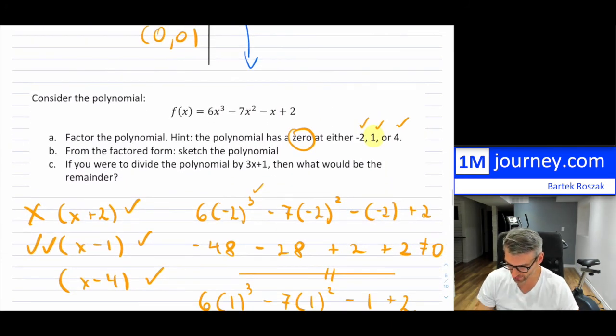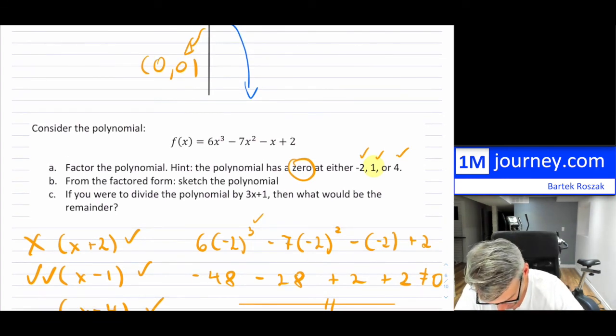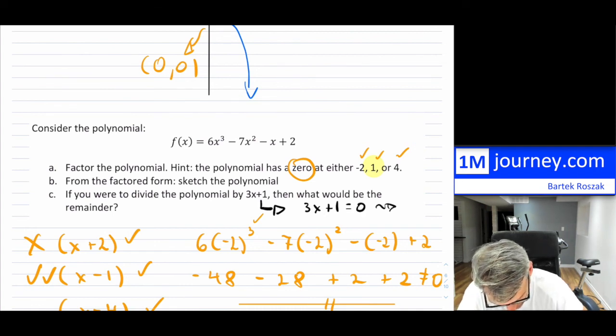Part C, if you were to divide the polynomial by 3x plus 1, then what would be the remainder? Okay, so that's just the remainder theorem. For that, we would have to put it back into the form. So 3x plus 1 is x equals negative 1 over 3.